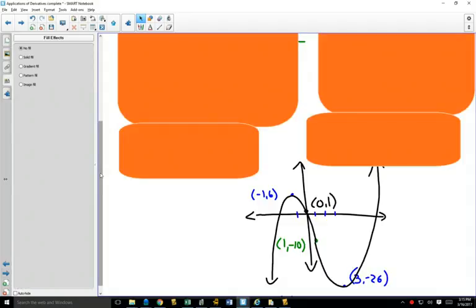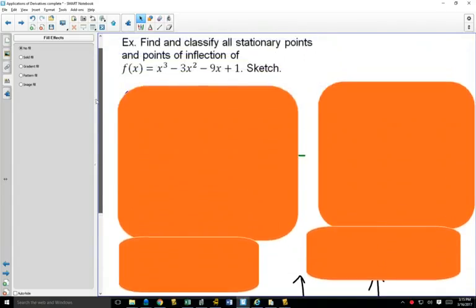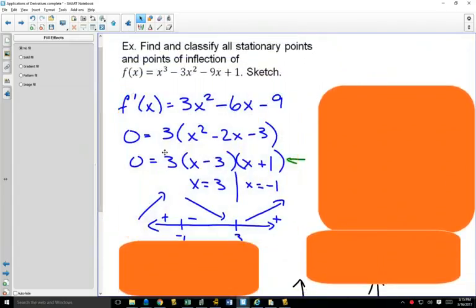So, as far as figuring this out, we've got our first derivative. We take our derivative. If you didn't factor out that 3, it's not wrong, but it makes life a lot easier if you can take out a common factor, because then factoring the x squared minus 2x minus 3 is easier.